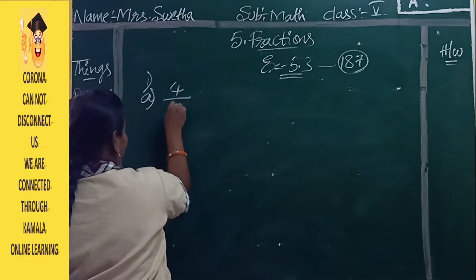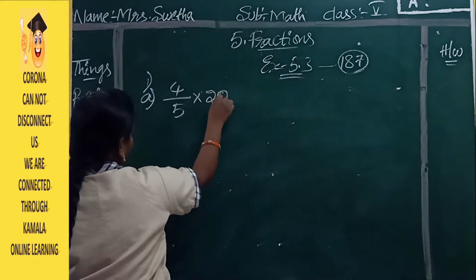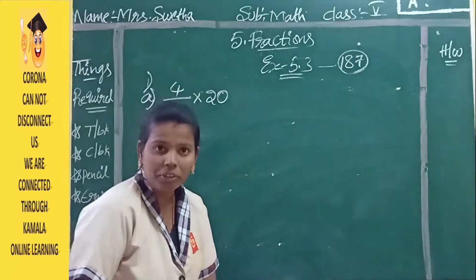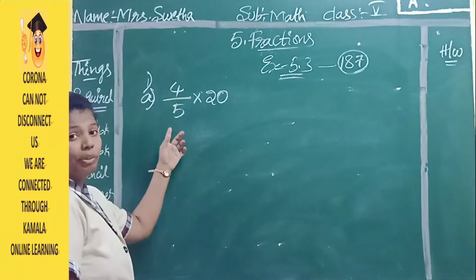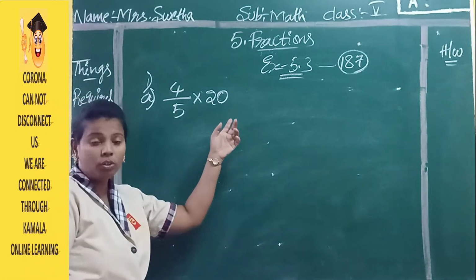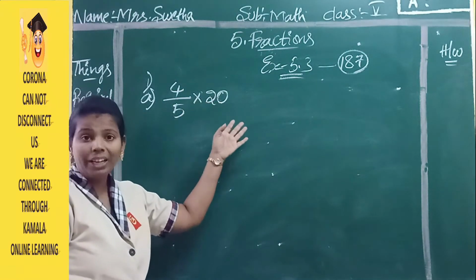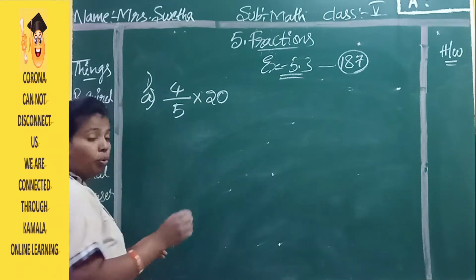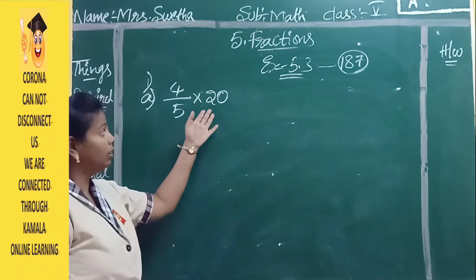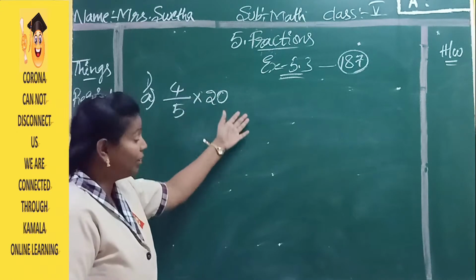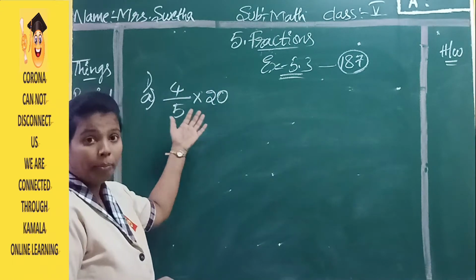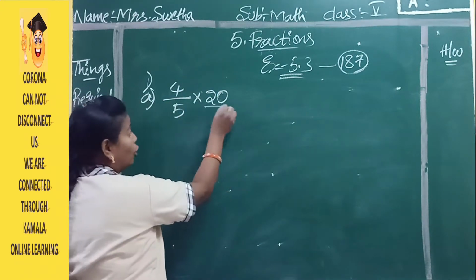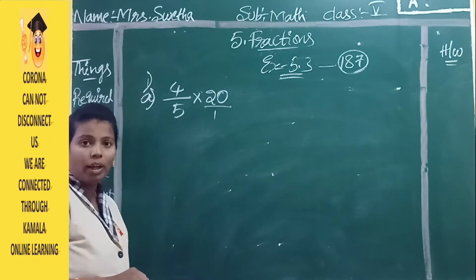4 by 5 into 20 they have given. So here they have given a whole number. One side you have a fraction, the other side you have a whole number. So you should not think that you don't have a fraction there. If you are having a whole number, you have to think that the denominator is the number 1.